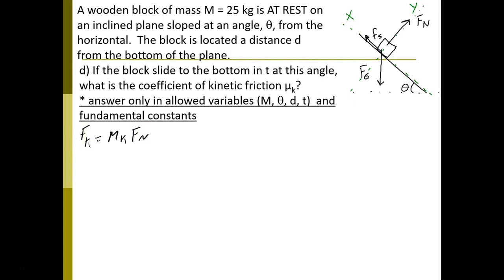The way that we're going to do that is, once we start sliding, we know that F net in the x direction is going to have to be equal to ma, which has to be equal to the frictional force minus Fgx. I'm going to put a minus there because we're sliding down the ramp, which is the negative direction as we defined it already.